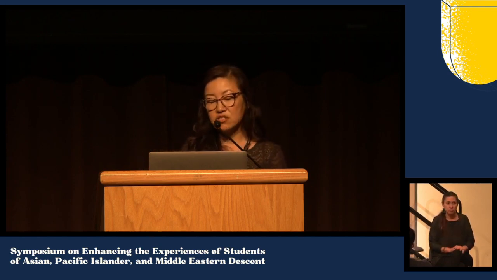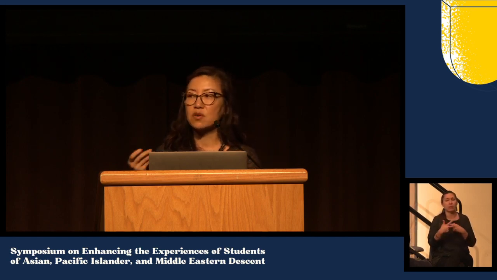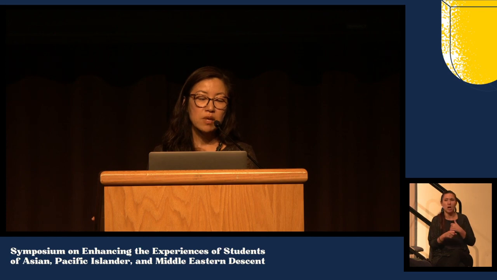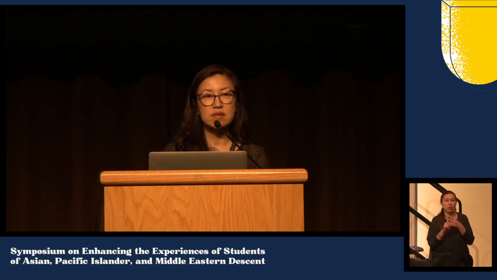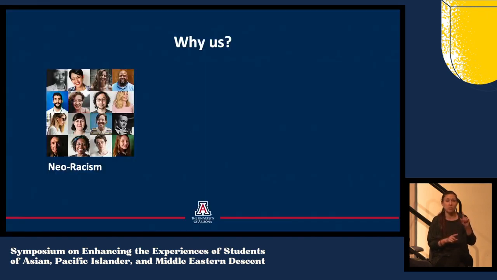And so I'm going to introduce a few. Three in particular, the work I've probably been most cited for, but also to kind of shed light as we think about this population. So the first is neo-racism, and this is going beyond just assuming that all ISPO students are the same. This goes beyond the biological difference or the color of one's skin. We don't need to talk about racism. We all know what that is.